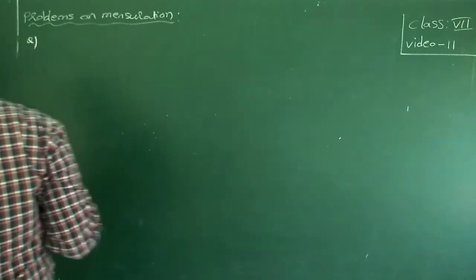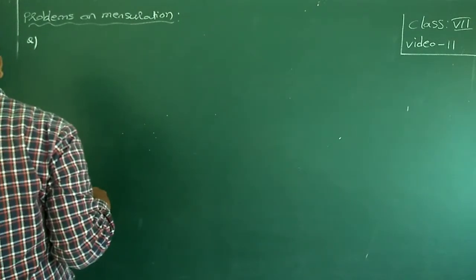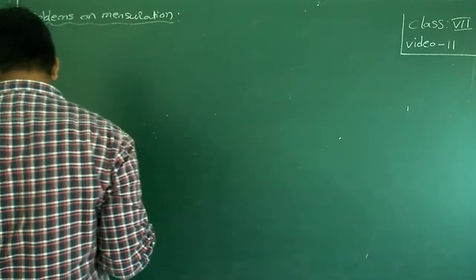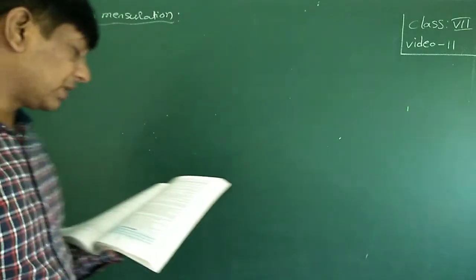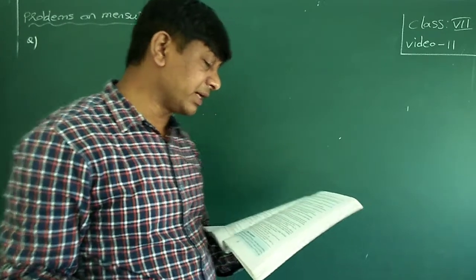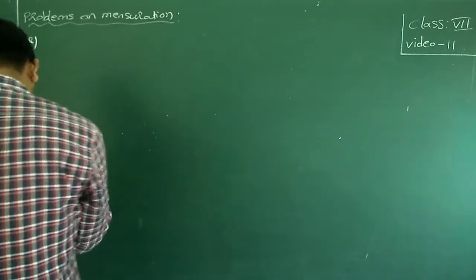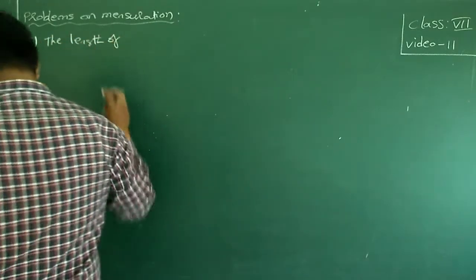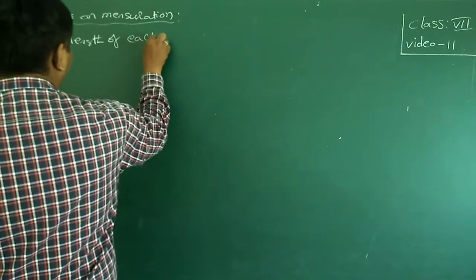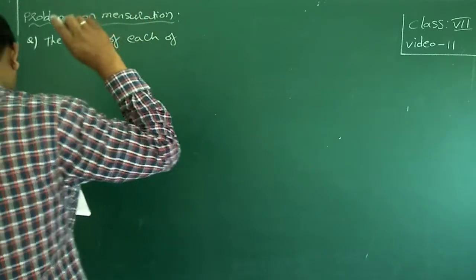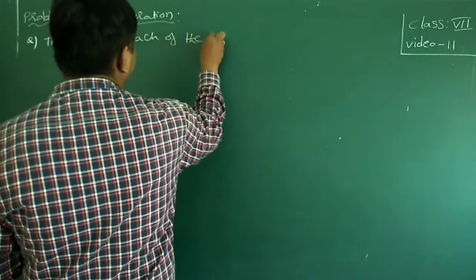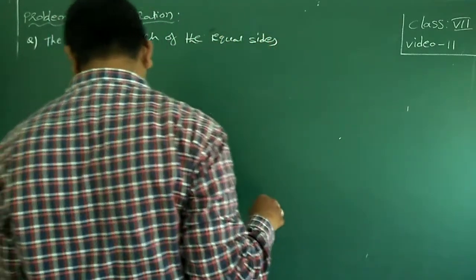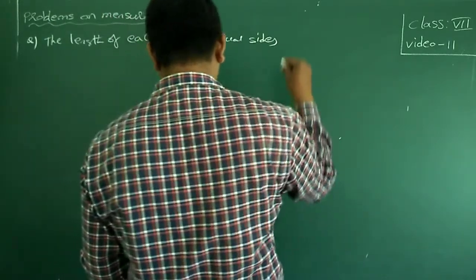Next question. The length of each of the equal sides of an isosceles triangle is 4 centimeters longer than the base.